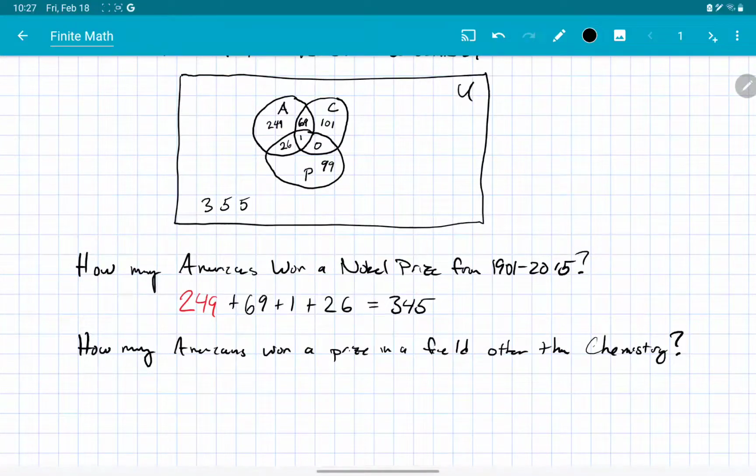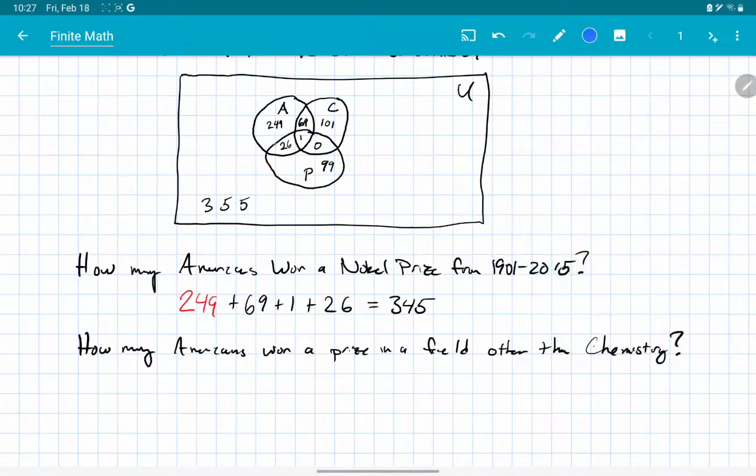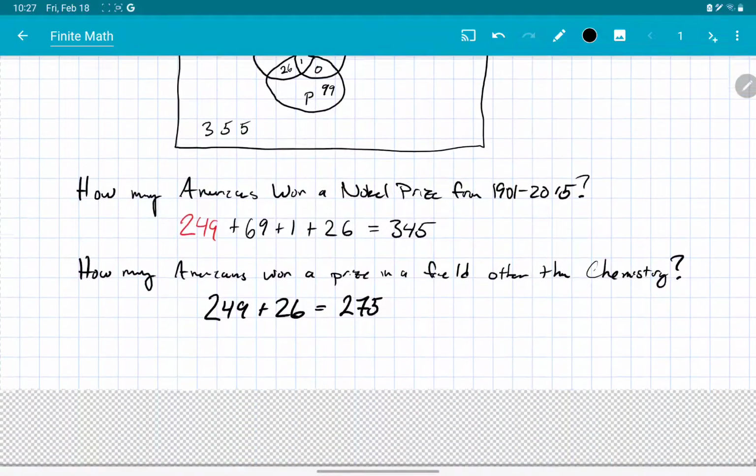So we want them to be Americans, but we don't want them to be in the field of chemistry. So that looks like this number and that number added together, 249 plus 26. Right? That's 275. So 275 Americans won a prize in a field other than chemistry.